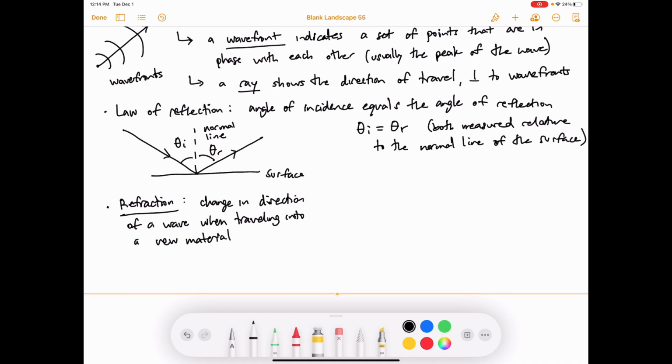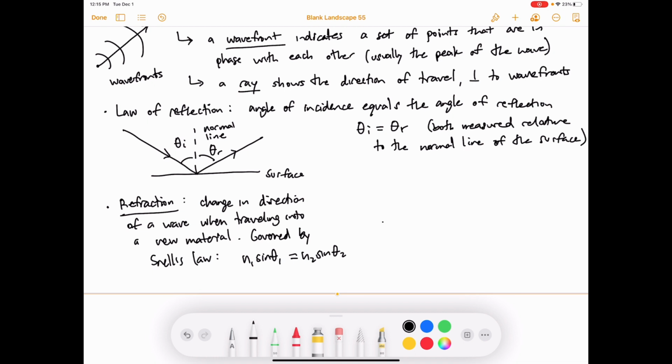In other words, a light ray will become bent when it travels into a new material. And the way we can understand how this works is that this is governed by Snell's law, which states that n1 sine theta 1 equals n2 sine theta 2. Those n values are what we call the indices of refraction.